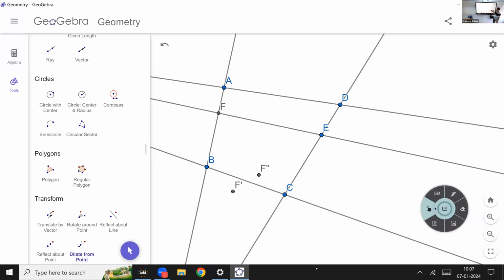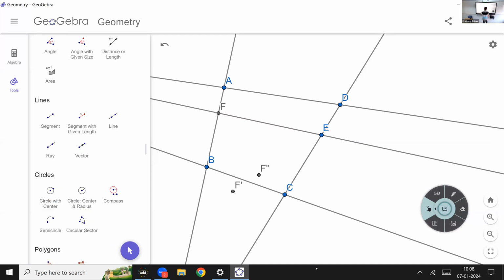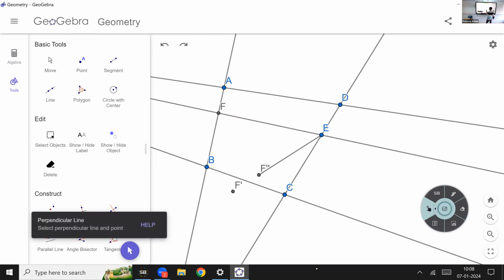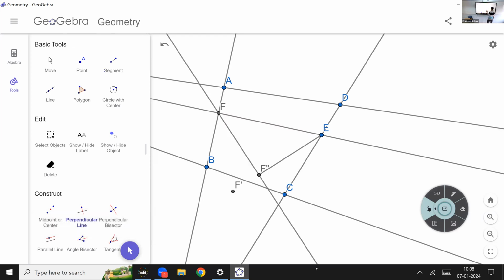So if through F double dash I draw the line which I want, the perpendicular line, where this line is meeting my second side, this is my second vertex of this square which I want, EG, right?